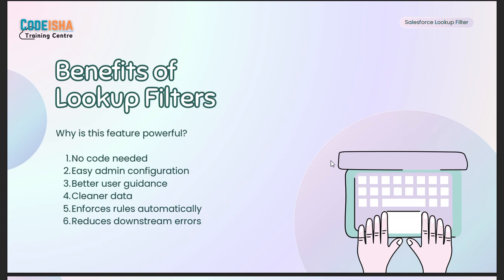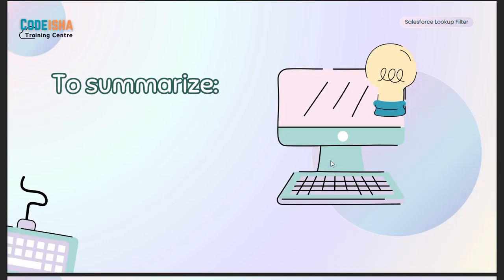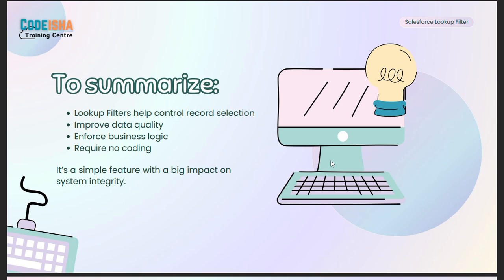These are all the benefits of using a lookup filter in Salesforce. To summarize, lookup filters help control record selection, improve data quality, enforce business logic, and require no coding to implement. This is a simple feature but has a big impact on our system integrity.